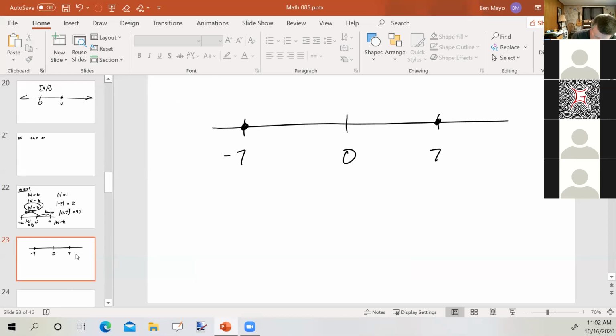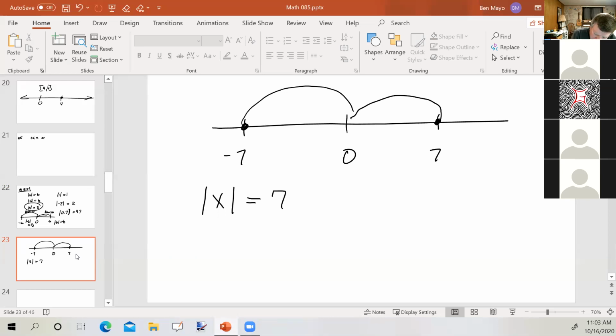Let's say I had an equation that said the absolute value of x equals 7. How far is it from 7 to 0 on the number line? 7 units. Good. How far is it from -7 to 0 on the number line? Same. Right.